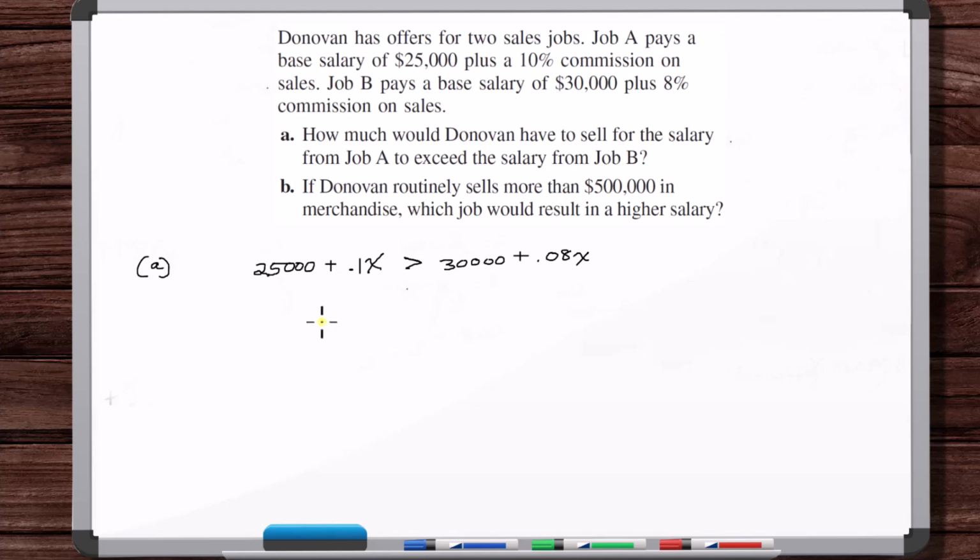Let's just solve this inequality. Let's subtract 0.08x from both sides. Okay, let's subtract 25,000 from both sides.